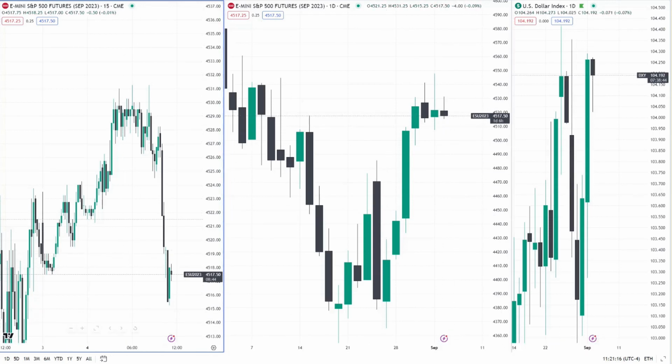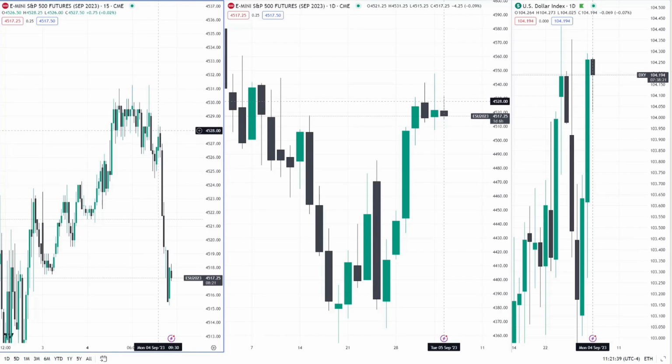As far as the chart on the left, the 15-minute, basically we opened up on a low, went all the way up, maybe 17, 18 candles up, and then when we hit 8:25, 8:30 a.m. Eastern Standard Time, we go all the way down.